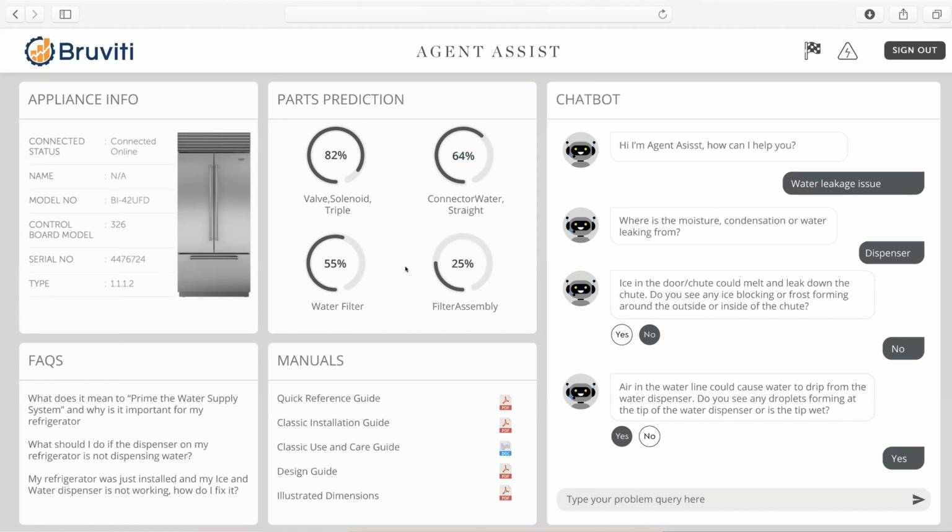This information about the parts, and other information about what the specific problem is, is sent to a service technician, who is informed of that information and the part prediction, and will address what they take with them on the service call, both from a parts point of view and armed with specific data about what the actual problem is.